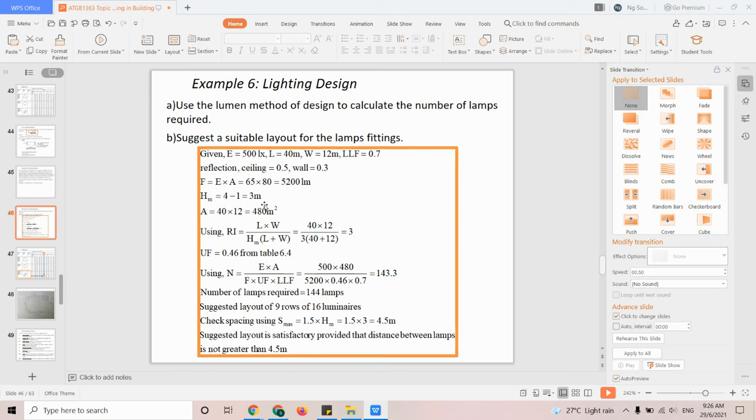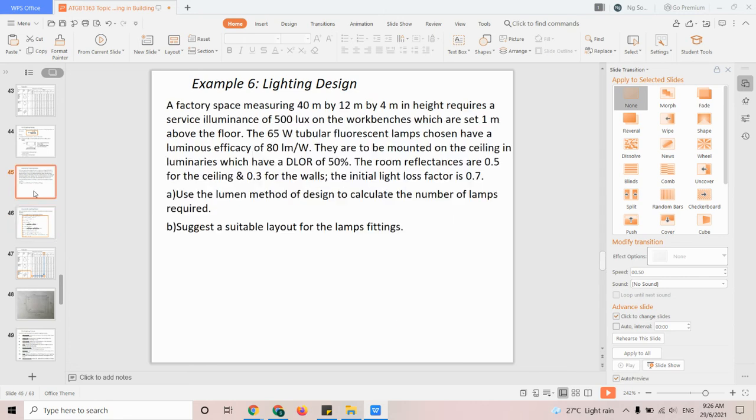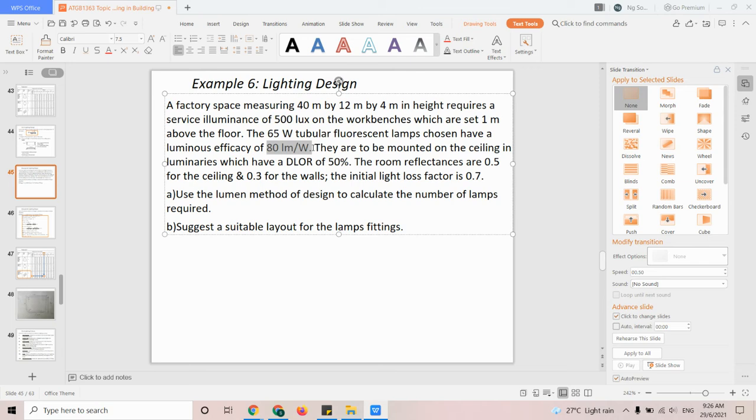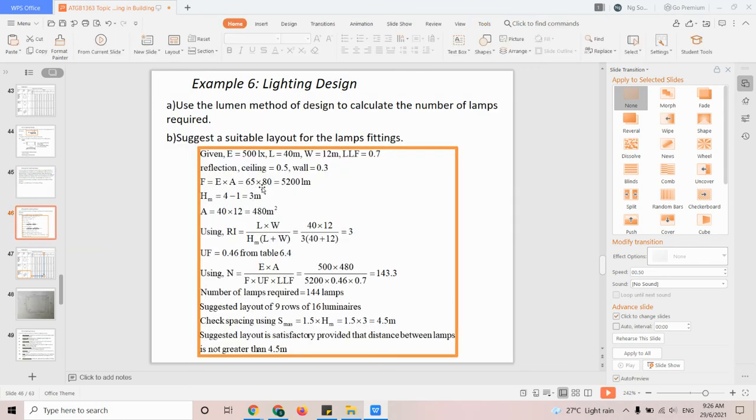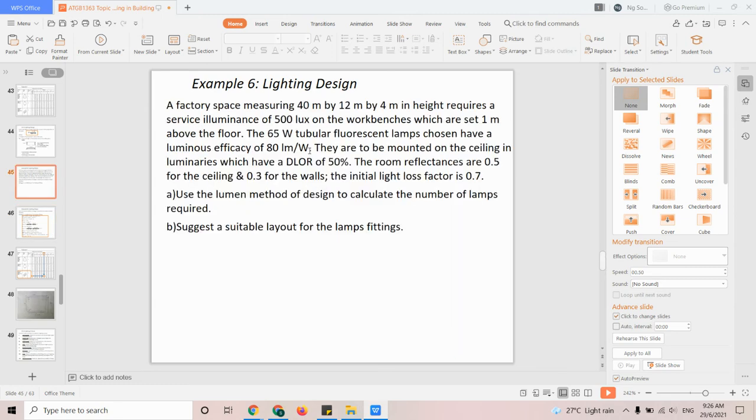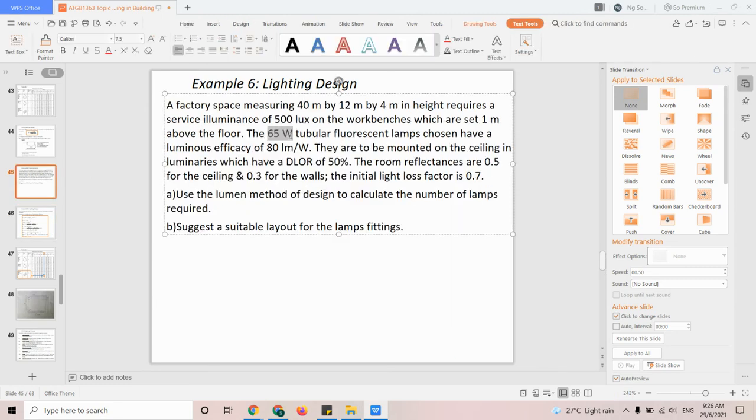So based off that, you can find out the flux or the intensity of your light by multiplying these two together, which is your luminous efficiency 80 with the 65 W. So you'll find out the output of your lamp.